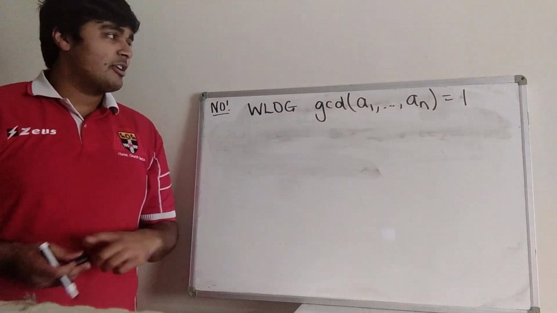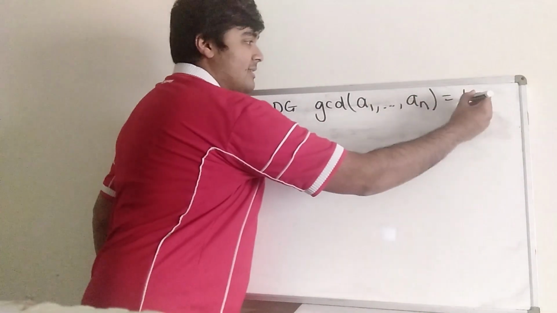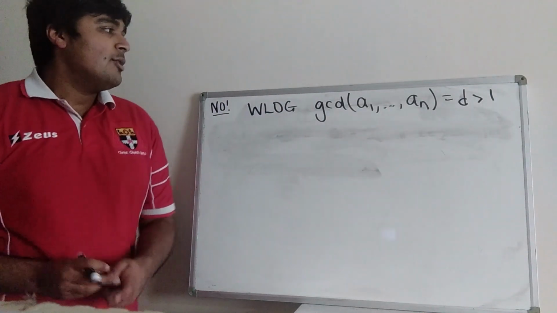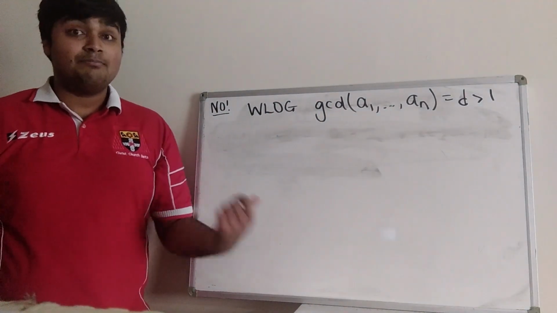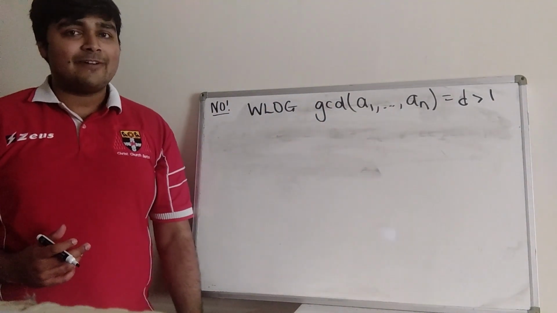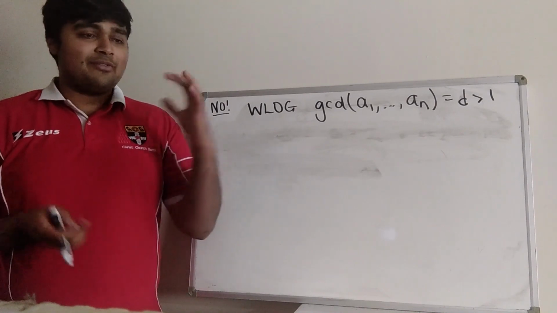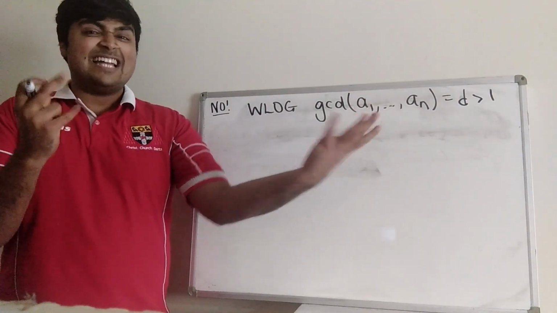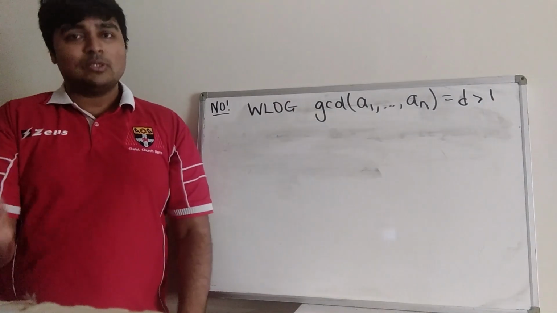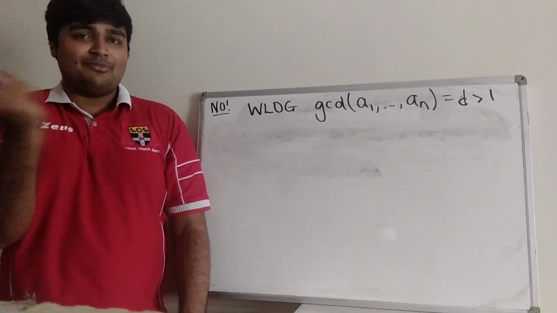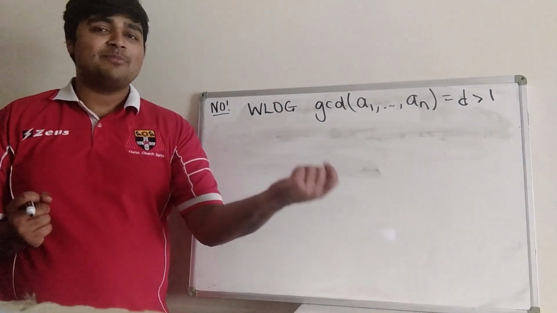Essentially the argument is, if this wasn't 1, if this was, say, d, which is bigger than 1, then you can divide each of these ai's by d and still have a valid setup, because if you have an arithmetic mean equals a geometric mean, and then you divide every element by d, you're still going to have the arithmetic mean of all the new elements equal to the geometric mean of all the new elements.